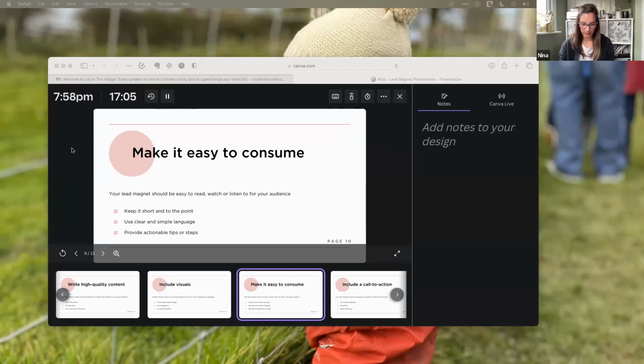Use clear and simple language. You want your audience to use it, so you need to make it as simple as you can for them. And then actionable tips or steps, things that they can really go out and use. So if you were a sleep consultant, it would be 5 tips to help your child sleep. Things that you can use that day would be great for them to use.